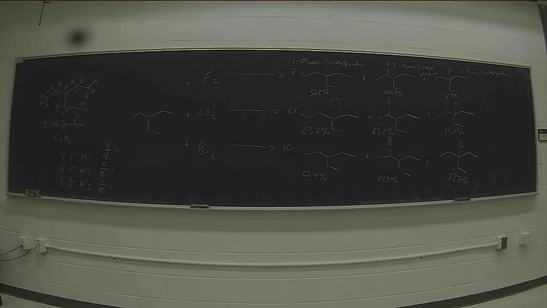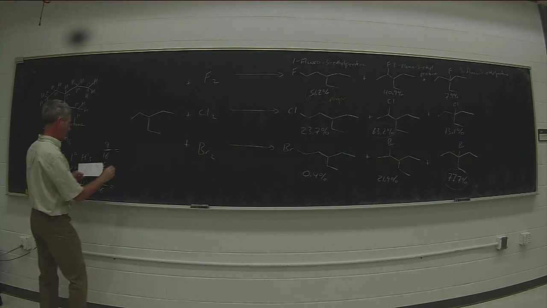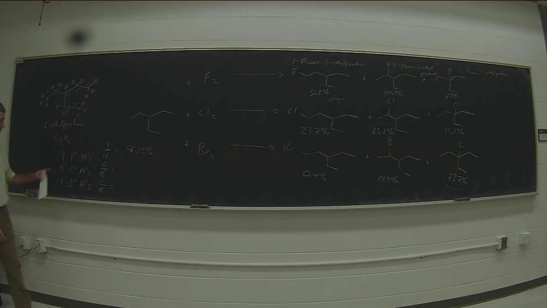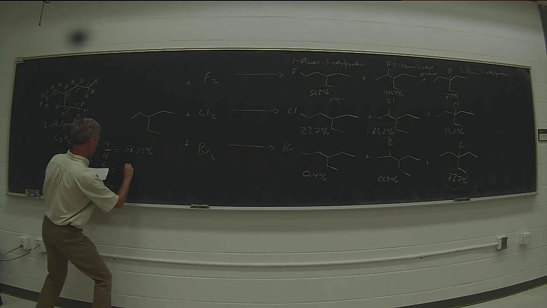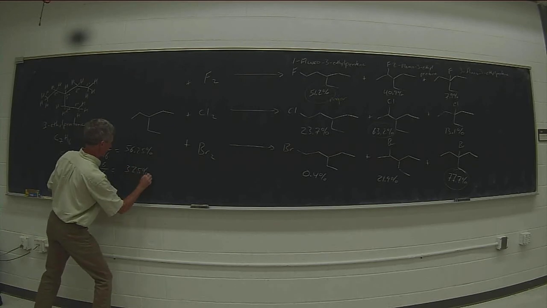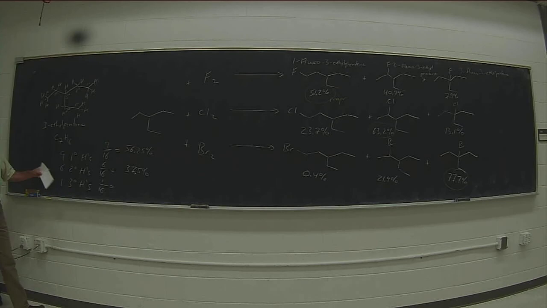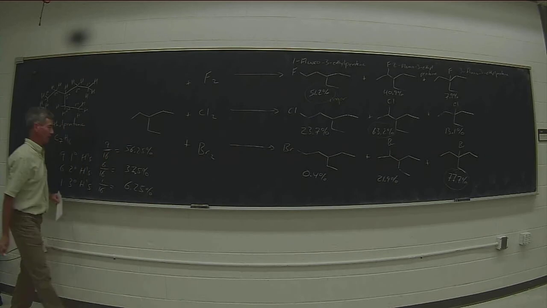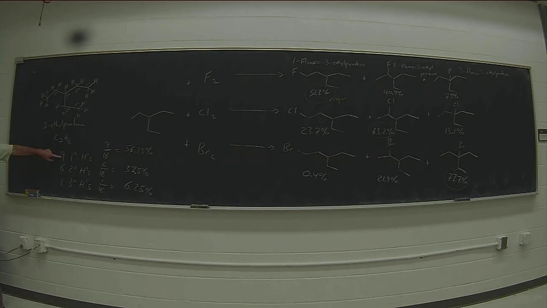And so statistically, if every collision was effective, we would expect to see 56.25% of the primary halide, the 1-fluoro, chloro, or bromo 3-ethylpentane. We'd expect to see 37.5% of the secondary product, and we'd expect to see 6.25% of the tertiary, reflecting the fact that it's 9 times as likely to collide with the primary hydrogen as with the tertiary hydrogen, and it's 6 times as likely to collide with the secondary hydrogen than the tertiary hydrogen.